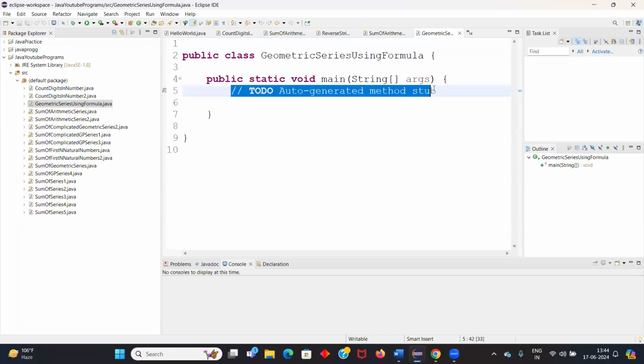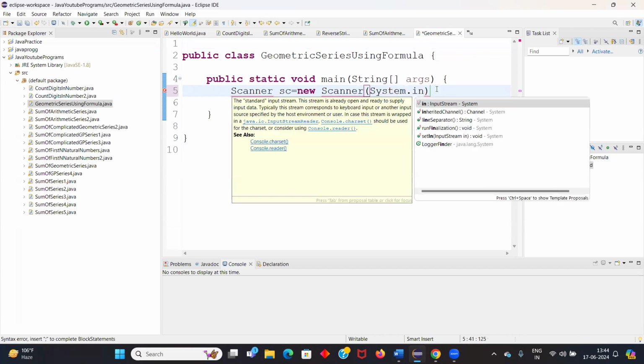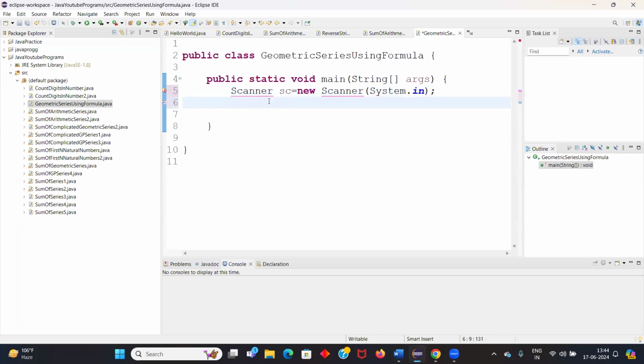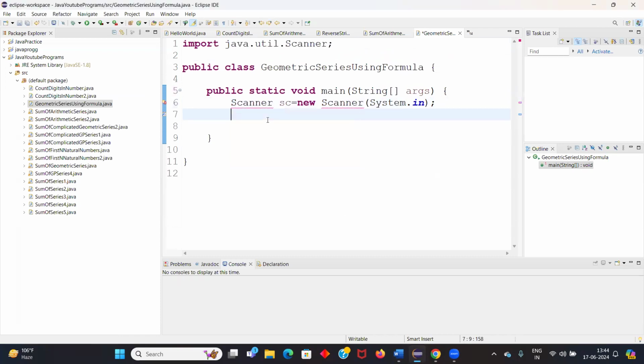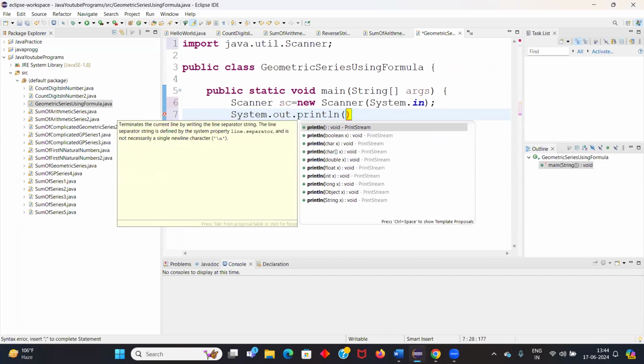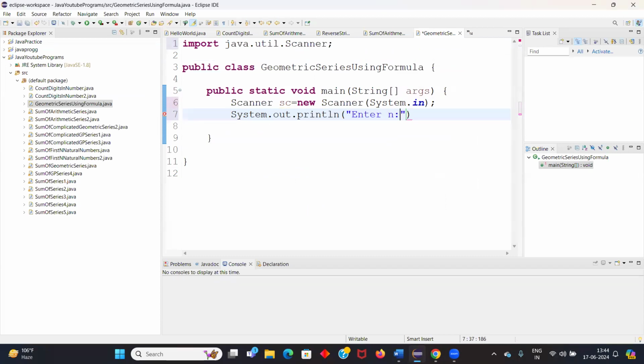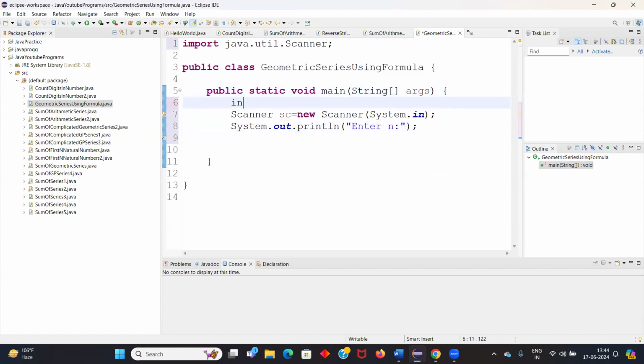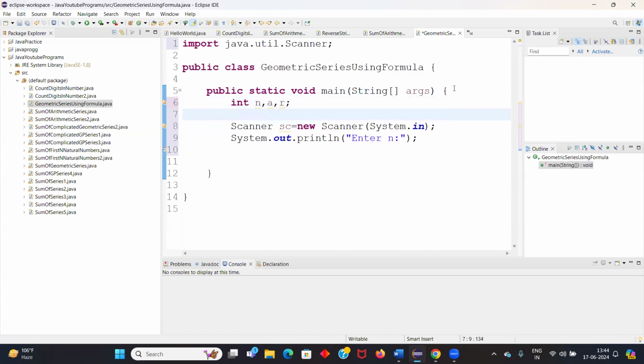Okay. So let me create a Scanner class object so that I can take the inputs. I will import my Scanner class. So let me ask the user to enter the value of n, and let me take three variables, int n, a, and r, and initialize my sum.